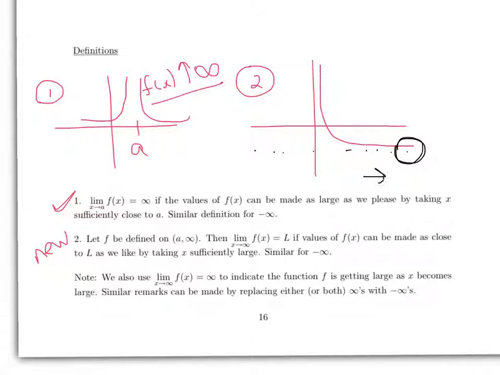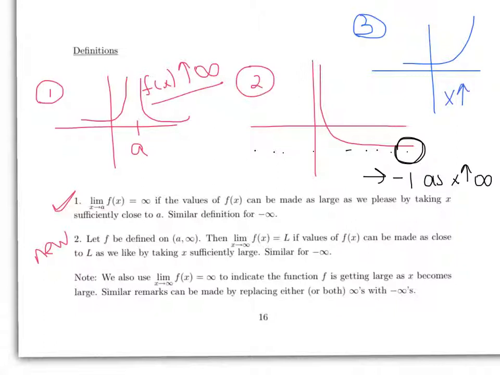So maybe this is going to -1 as x goes to infinity. Those are the two ideas, and the third one is somewhat interesting as well, where as x gets big, the function also gets really big. So that's the third idea, that the function could get really large as x gets large.